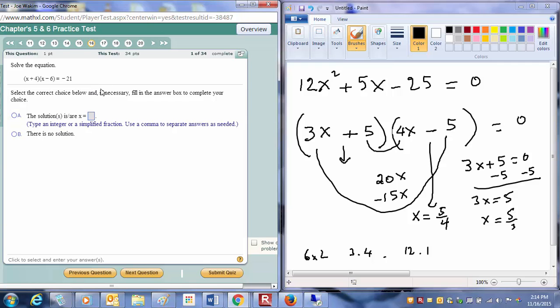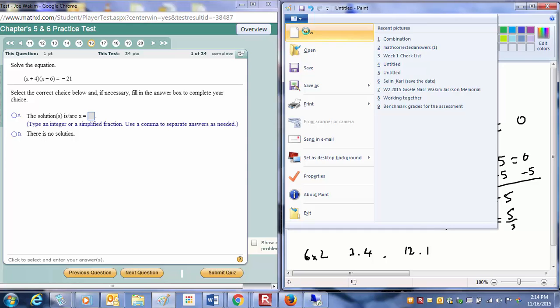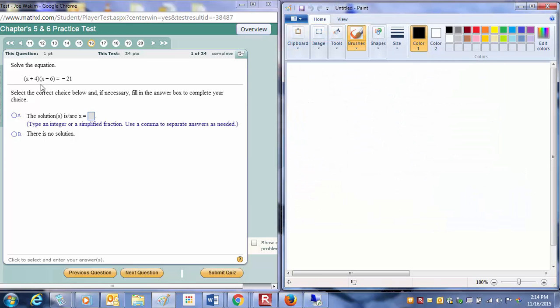Let's try number 16. And again, here we have to do the same thing. If this was 0, it would be a very simple problem, but this is not 0, so we have to FOIL and then factor. So let's FOIL. X times x is x squared.